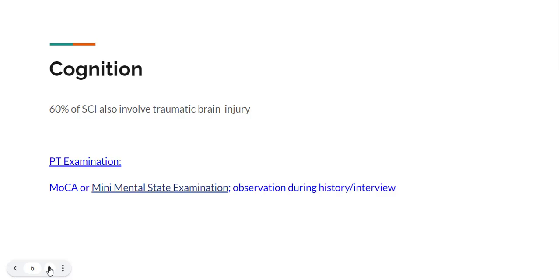So now, thinking specifically about the examination, we haven't really talked too much about cognition, but we have to recognize that a lot of our spinal cord injured patients will also sustain traumatic brain injury at the time of the accident or injury. Therefore, we're going to need to add some kind of cognitive assessment to our evaluation.